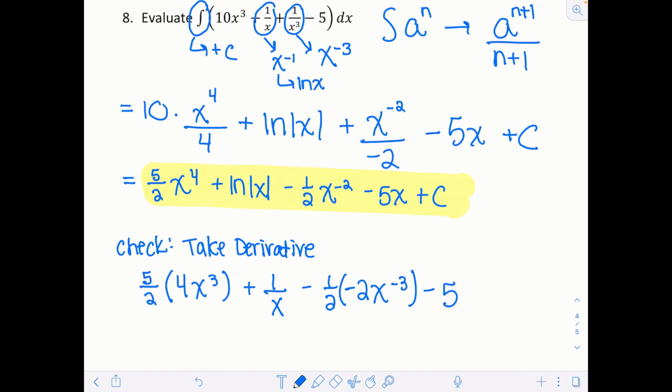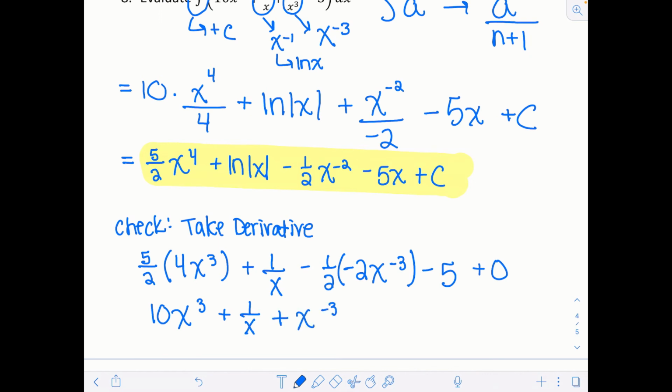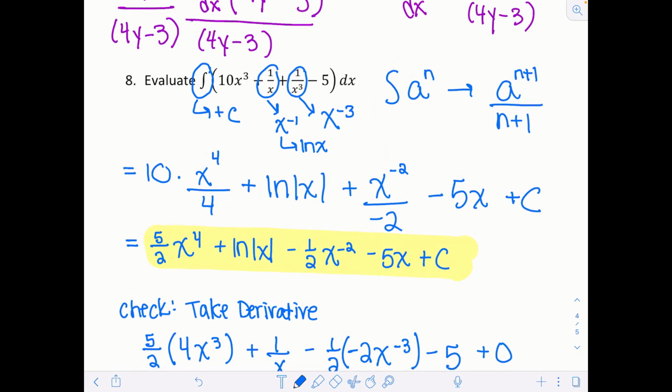The reason we have the plus c there is that no matter what number it is, if you take the derivative, it just goes to 0. Simplifying this, we get 10x to the 3rd plus 1 over x plus x to the negative 3rd, which is the same thing as 1 over x cubed, minus 5, which was exactly what we had in that original integral in the parentheses there.